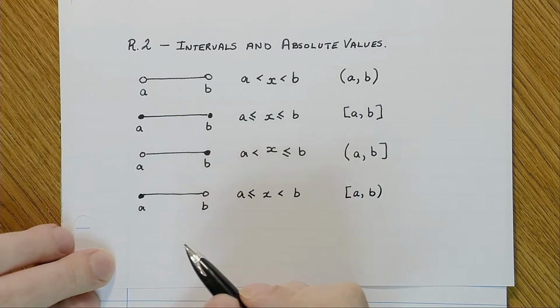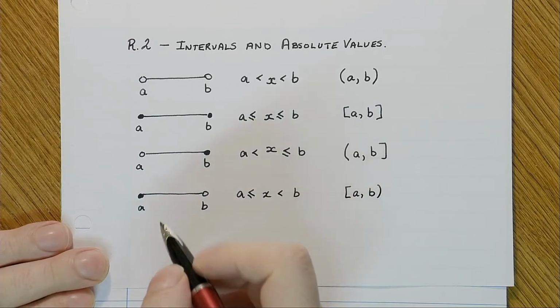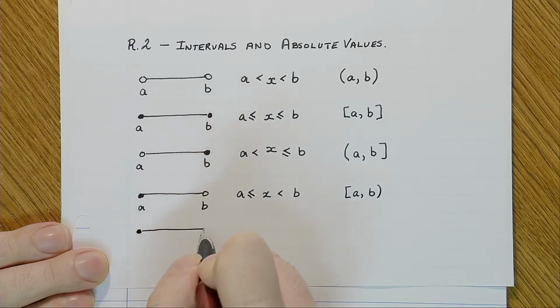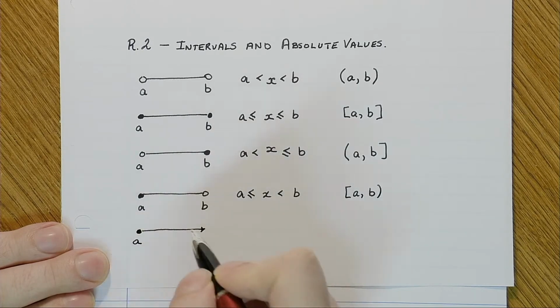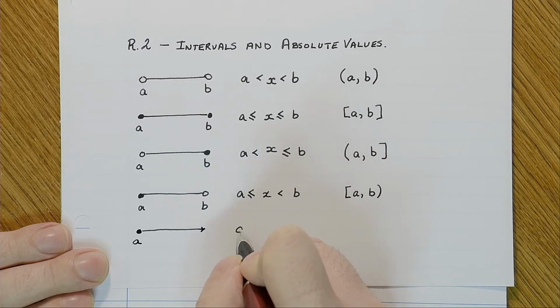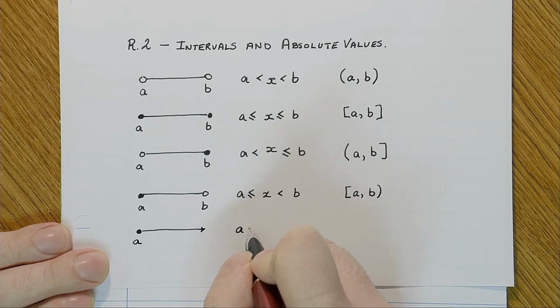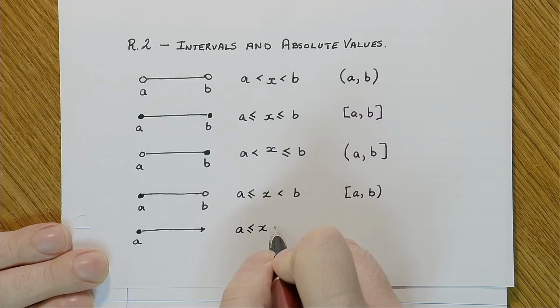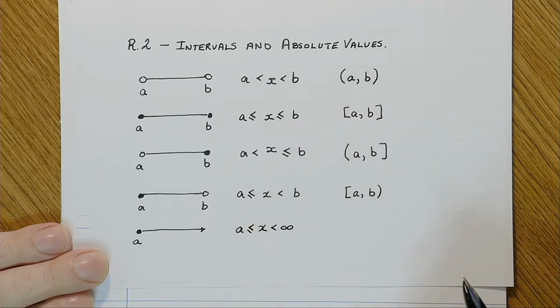It gets more tricky when we get to infinity. So I could have it closed here. So here's A, and it goes off to infinity. I can say that A is less than or equal to x, and then less than infinity.